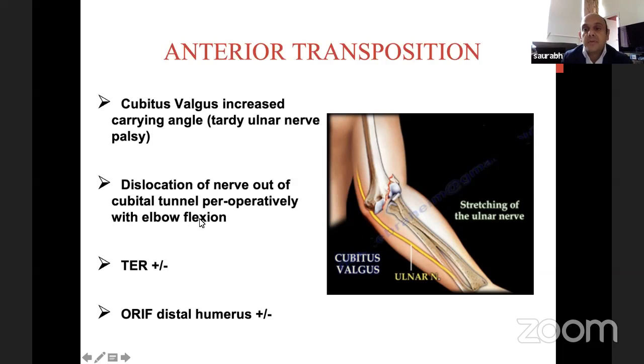Then the 2nd reason we've already discussed: after any decompression, you should do a flexion extension check to see if the nerve is flicking or not. Elbow replacement. Not always, like we did an elbow replacement last week, but we got away without transposing it. So in some cases though, you will have to transpose it anteriorly. Same with ORIF distal humerus, you don't need to transpose in every case.